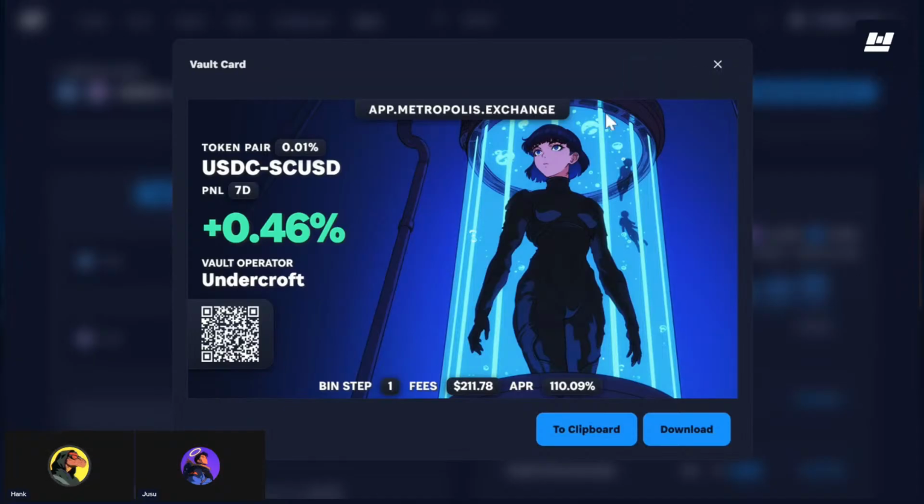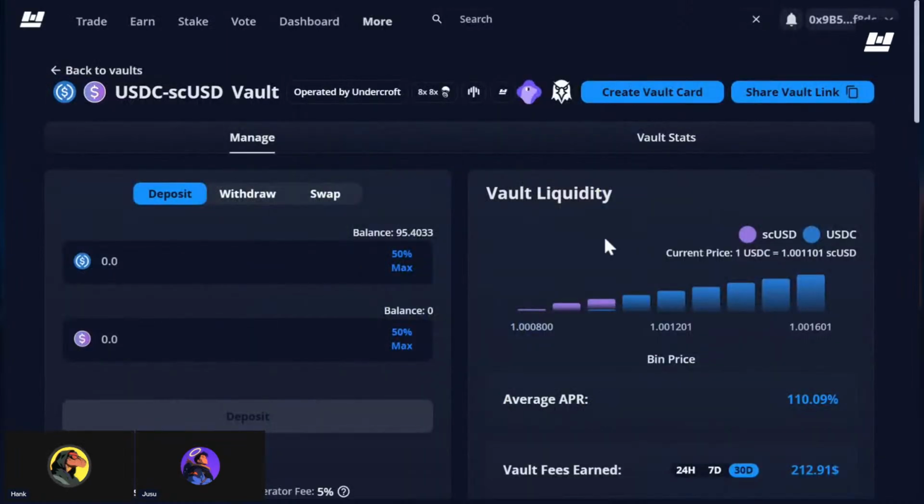This is a nice way to help the operator share his performance, as well as a really nice way to showcase nice P&L numbers.